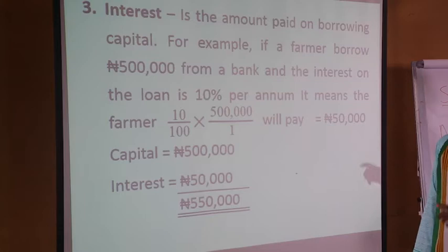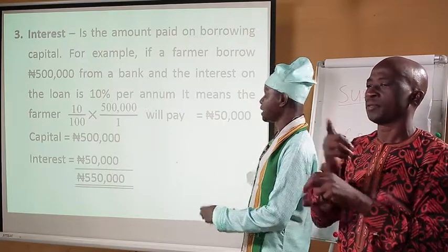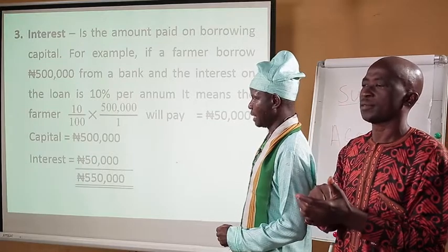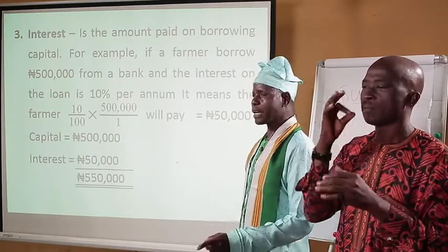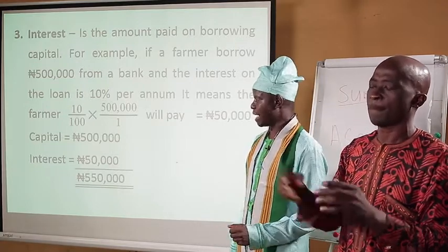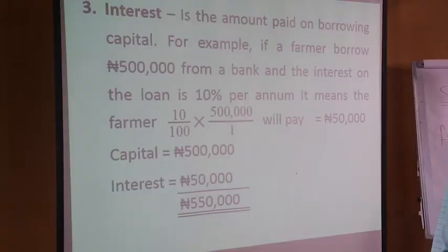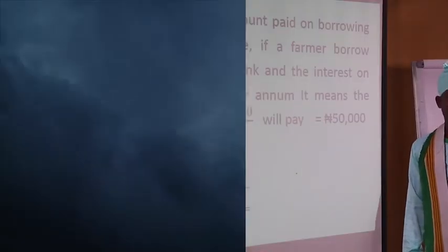If you calculate this mathematics, you will get 50,000 naira. At the end of the day, the farmer will pay the real capital, 500,000 naira, plus the interest, 50,000 naira, totally 550,000 naira.